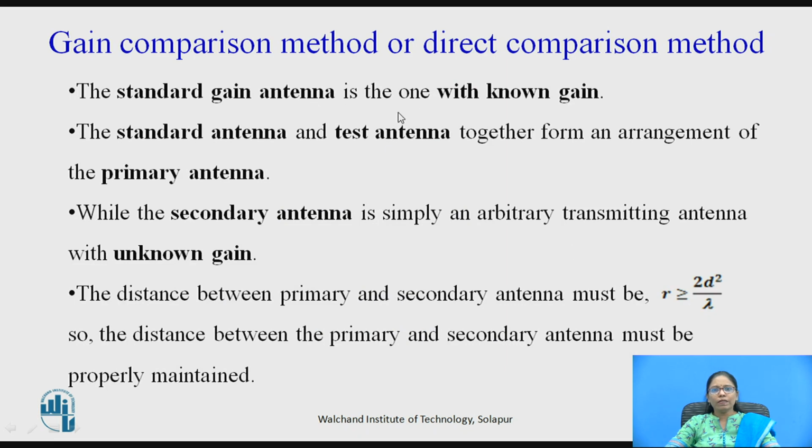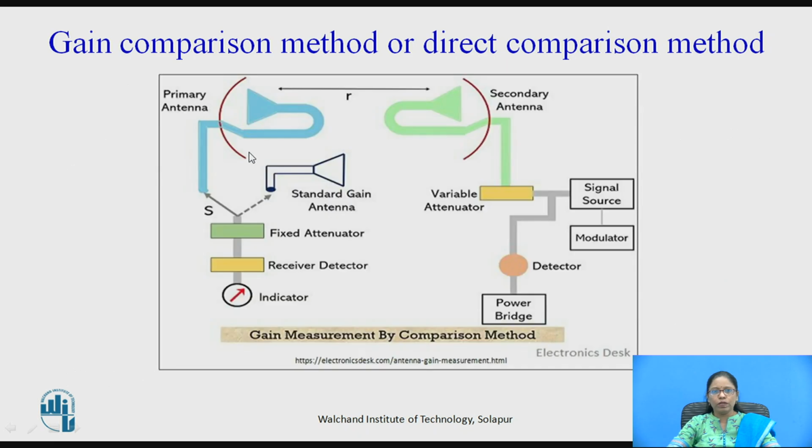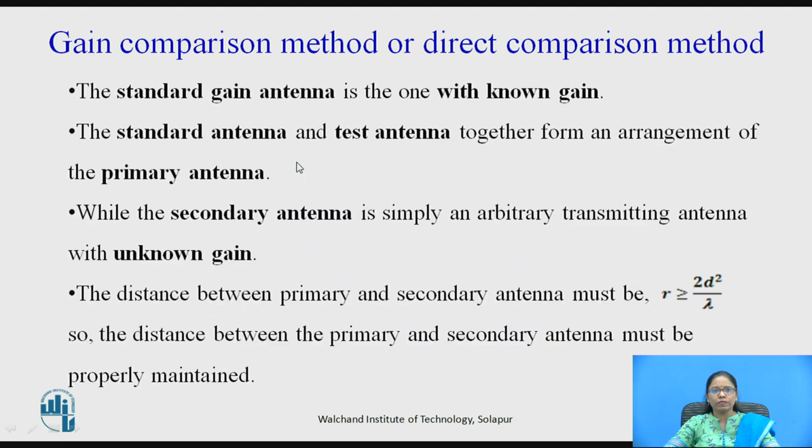The standard gain antenna is the one with the known gain. The standard antenna and the test antenna together form the primary antenna, while the secondary antenna is the transmitting antenna whose gain we want to measure.